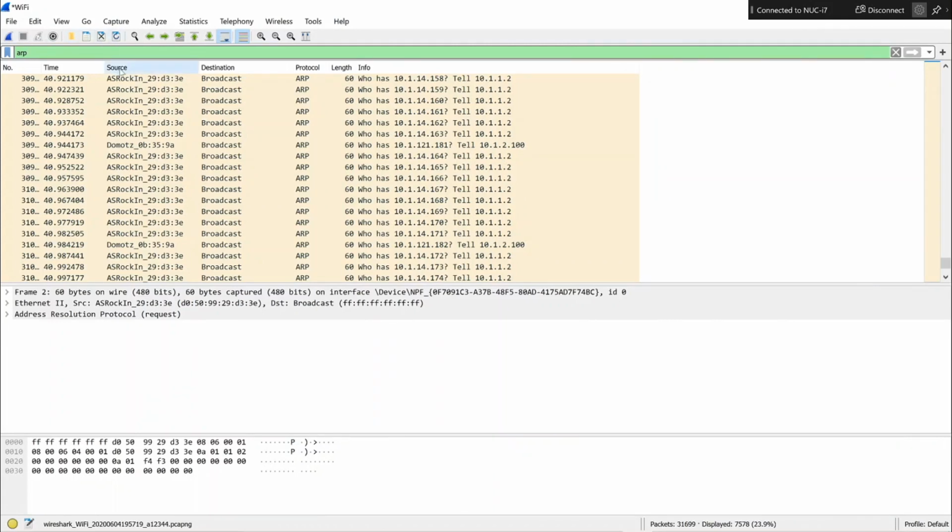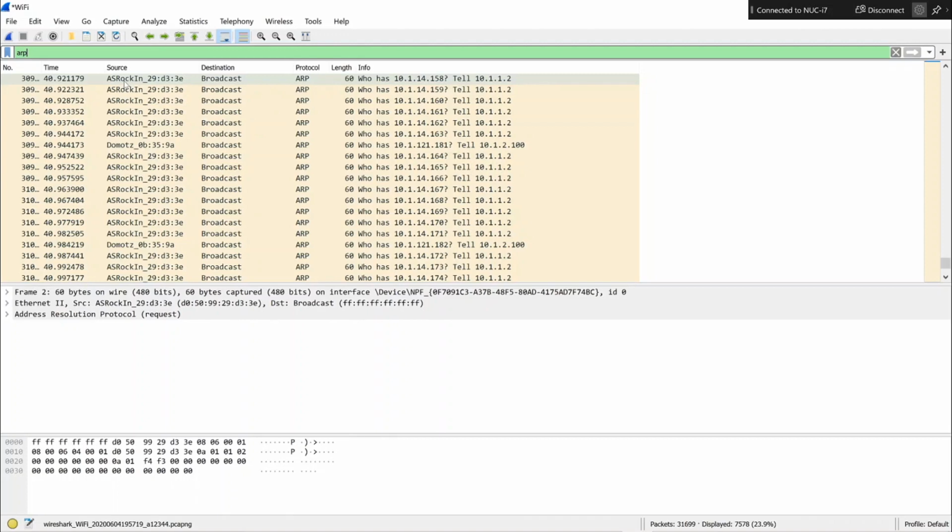One of the interesting things is if you look at the source address, that is a MAC address that you expect to see there. But what you do see is that the MAC address has been changed into a vendor name and then a network interface card number.